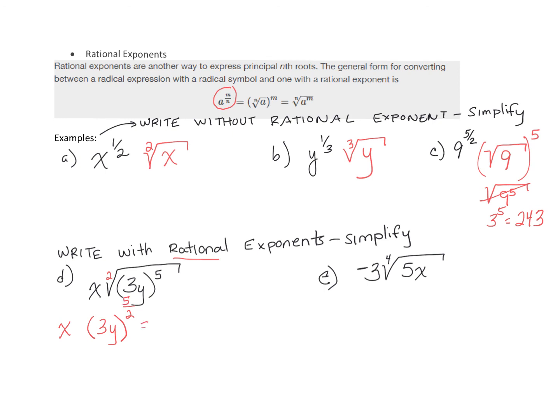So I have x times 3y to the 5/2. Over here, I have negative 3. Since this is really just raised to the first, I'm going to have 5x to the 1/4.